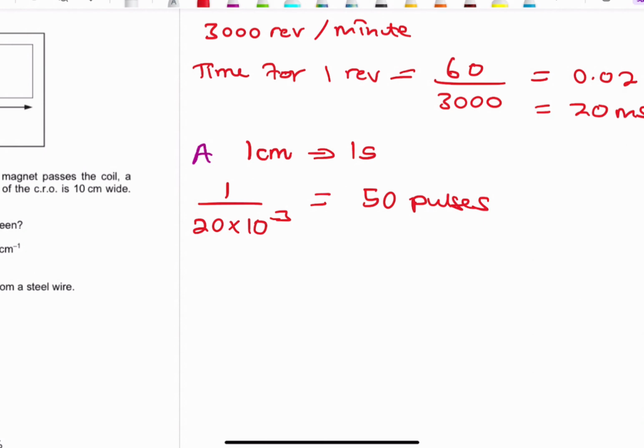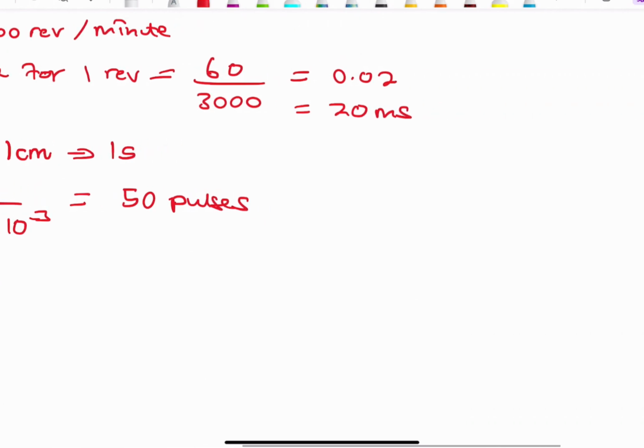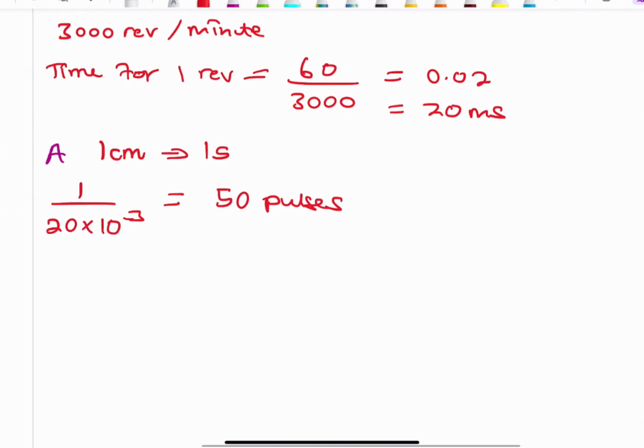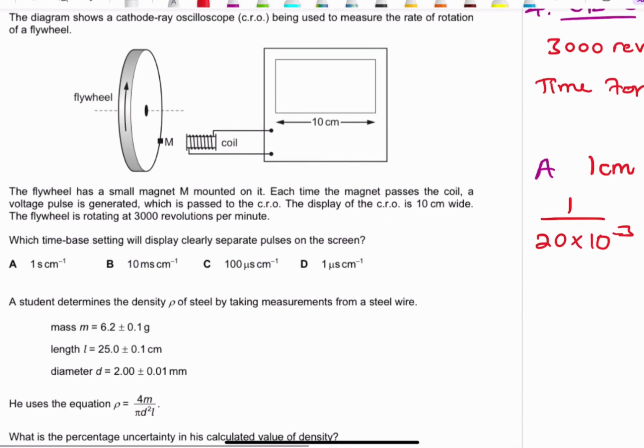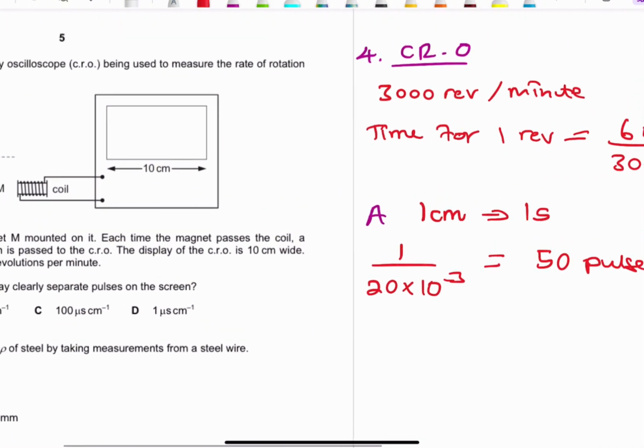So the period is 0.02, and 1 over 0.02 will actually be 50. You're about to make 50 pulses per centimeter, which is like the frequency. If you're making 50 pulses per second, that's like 50 pulses per centimeter. So with that time-base setting, you're going to have 50 pulses in 1 centimeter.